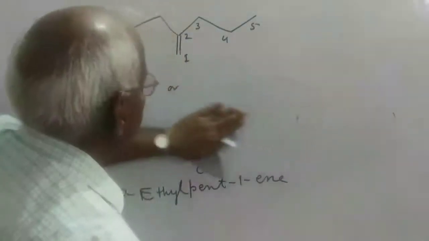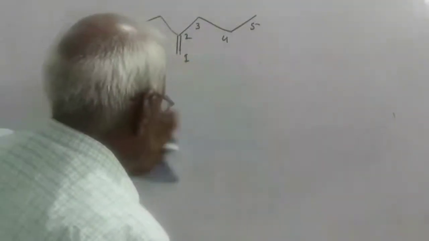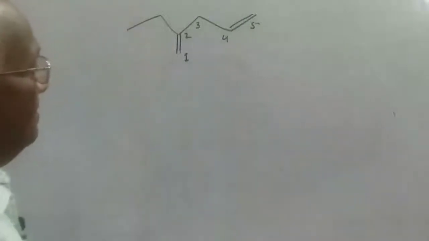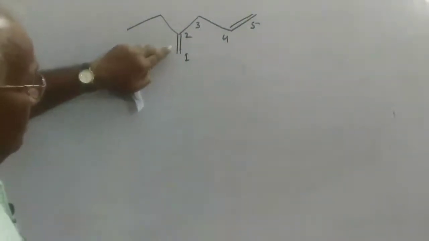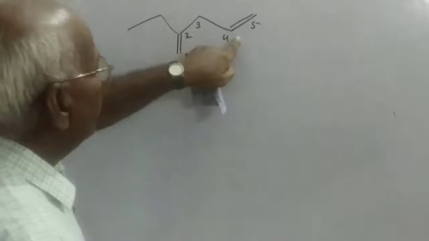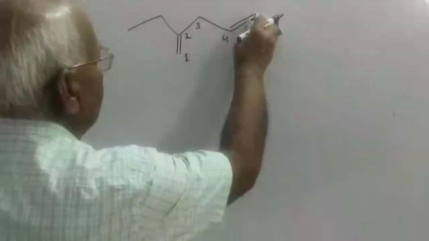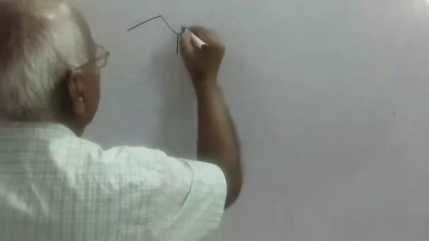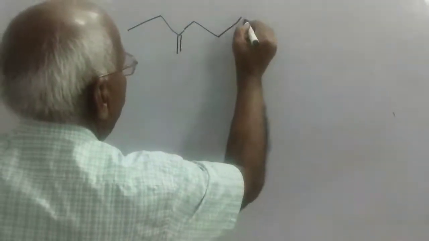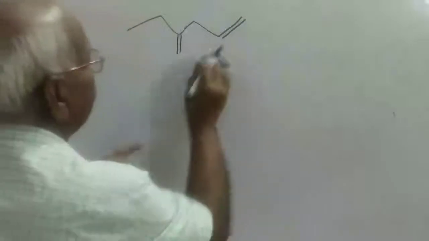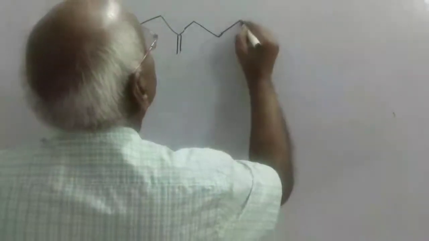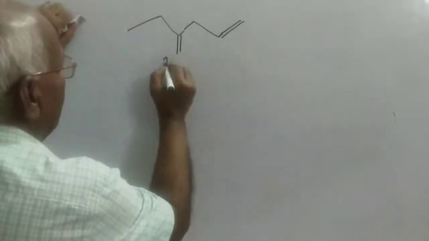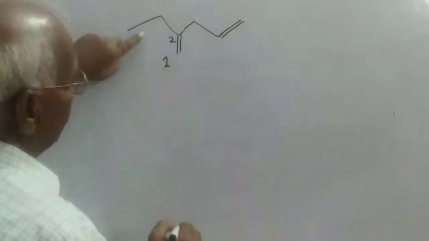Now make a change, make it a diene. Suppose this is a double bond, this double bond and this double bond. Numbering will be started from which side? A simple explanation is this is the preferable numbering, 1, 2, because the side chain comes near.